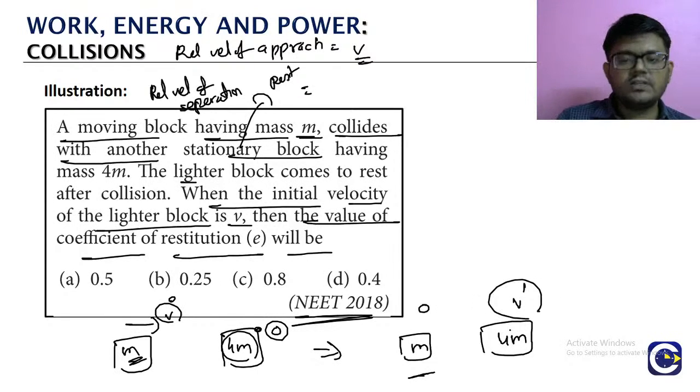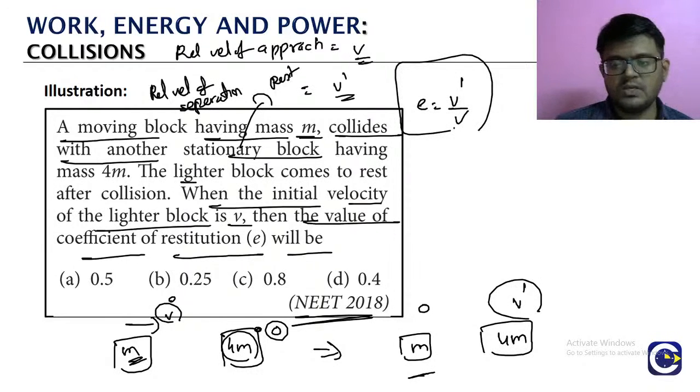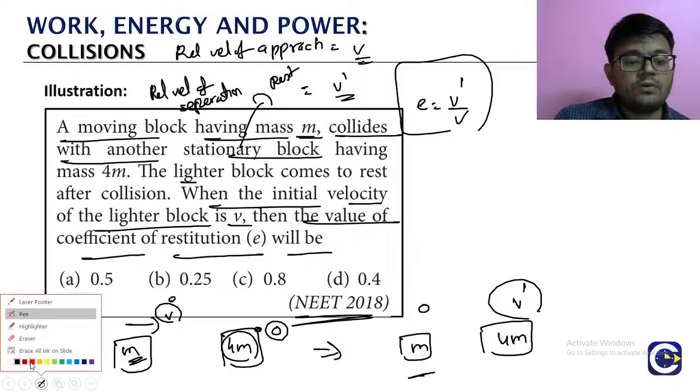V dash. So the relative velocity of separation is v dash. So E is v dash by v. That is the value of E. So to find E, we should find out what the v dash value is.